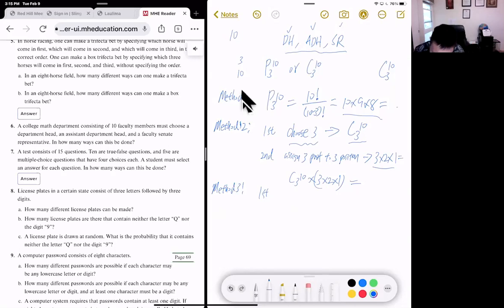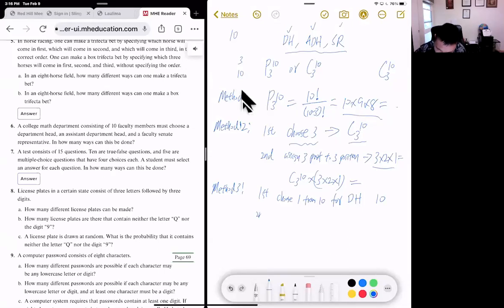So choose 1 from 10 for department head. How many ways? Very easy, 10 ways. We have 10 professors, we choose one for the department head position, so we have 10 ways to do that.